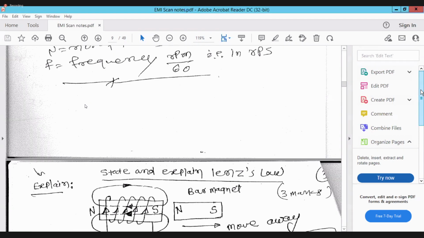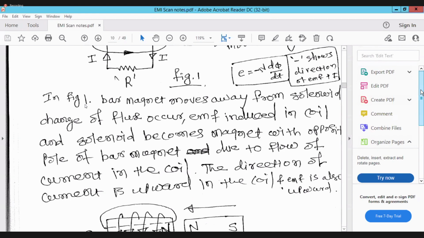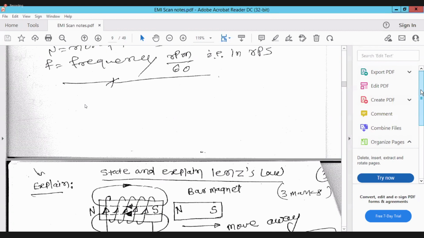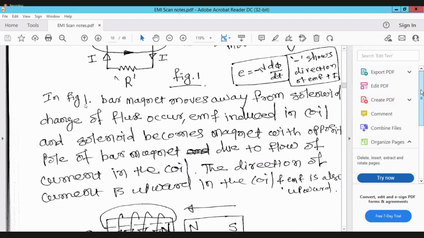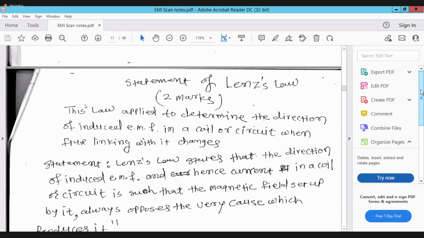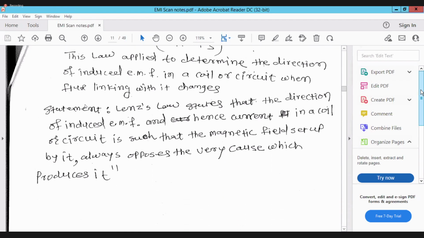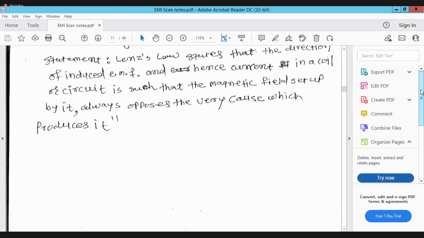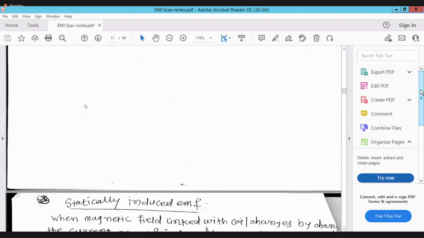Already I have circulated these notes to you. State and explain Lenz's law. Yesterday I told you about Lenz's law. State means give the statement of Lenz's law for 2 marks, and then the explanation with the diagram is for 3 marks. Total is 5 marks.